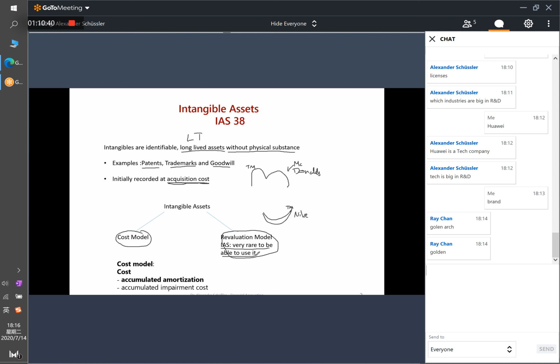IFRS says revaluation only if there is an active market.